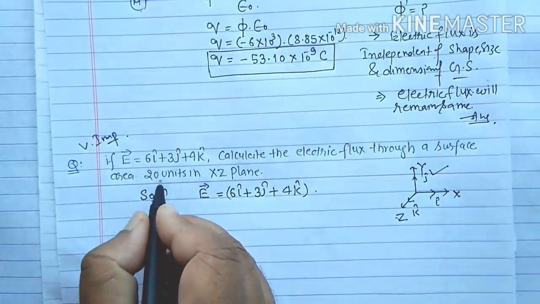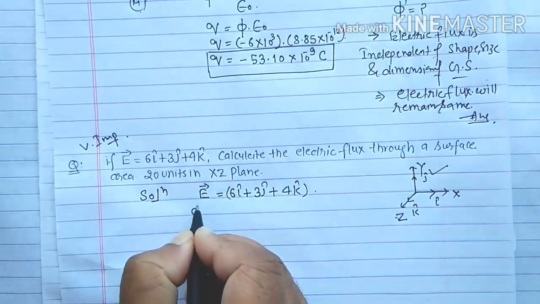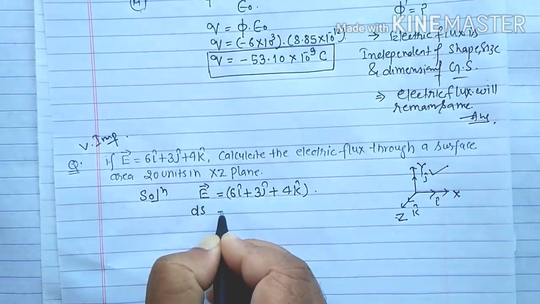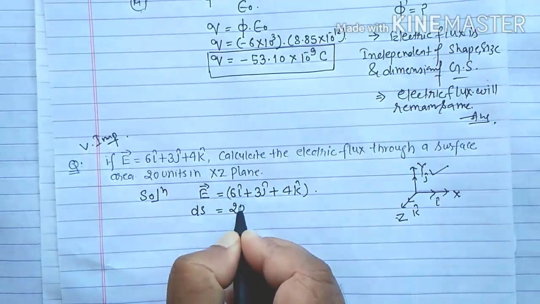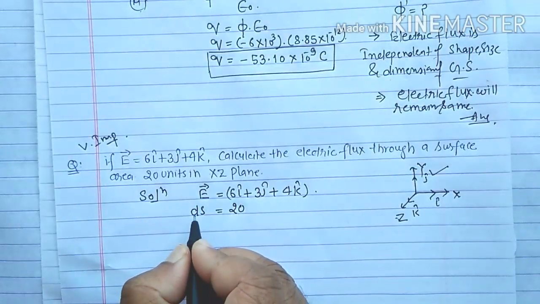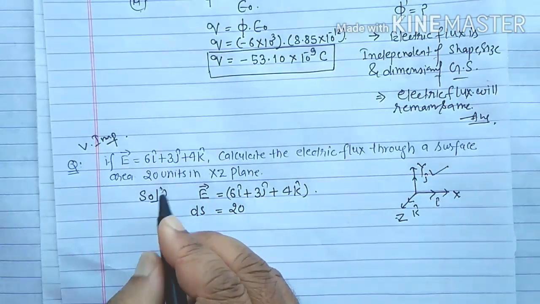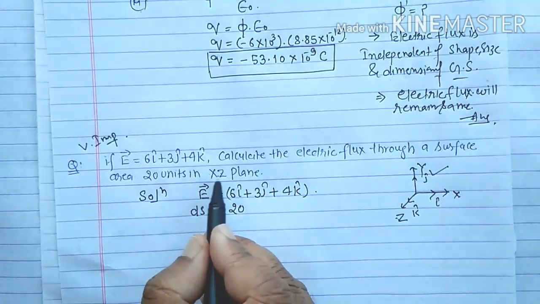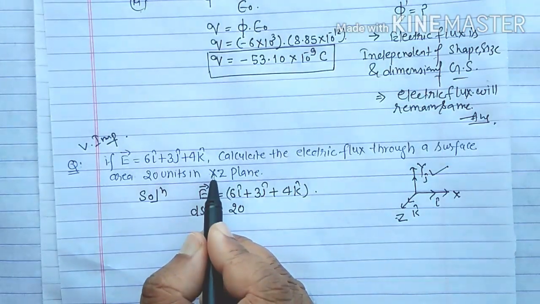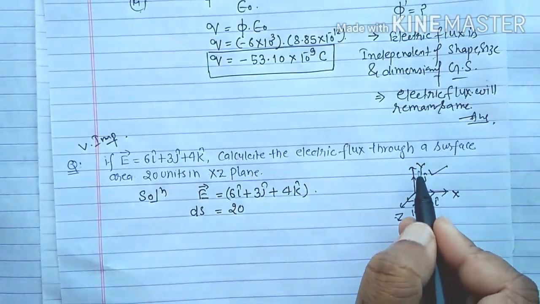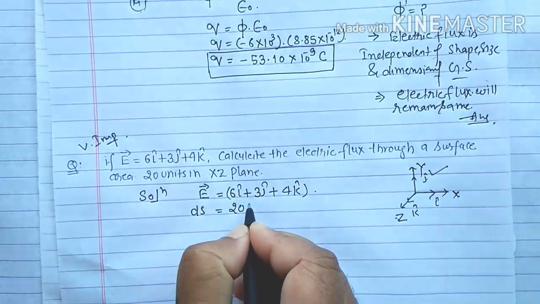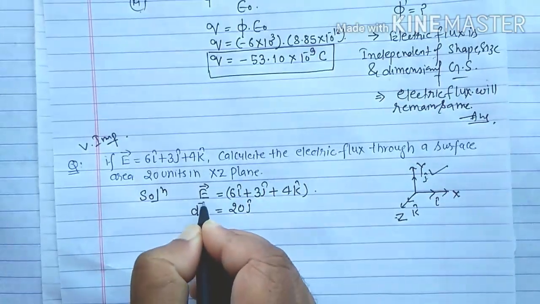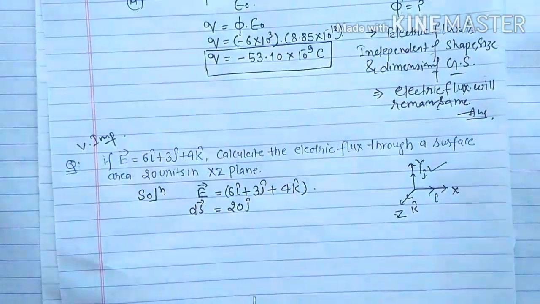So area vector dS is equal to how much? Only 20. But it is an area element, it is an area vector quantity. So how to convert this scalar into vector? Just multiply by the unit vector which is perpendicular to this plane. So for the XZ plane, the normal unit vector which is perpendicular to XZ plane is j cap. So 20 j cap, this is the area vector.